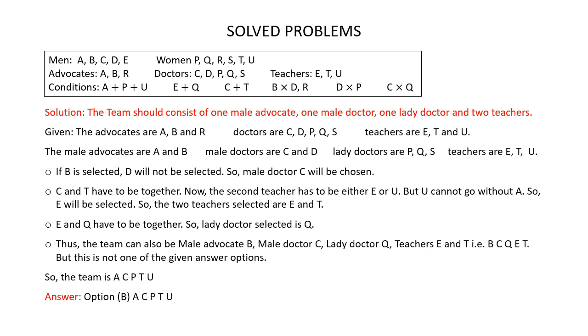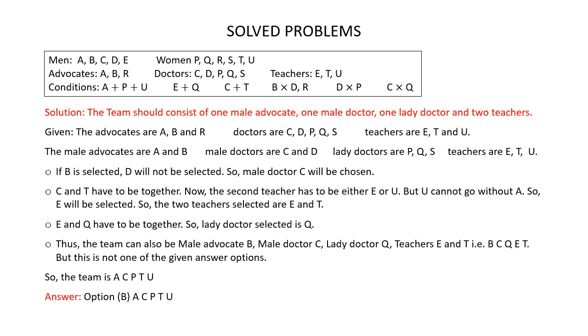So the other teacher has to be selected from either E or U. Now according to the condition, we know that A, P and U have to go together. Now since A has not been selected, clearly U also cannot be selected. So the teacher selected has to be E. So the 2 teachers selected are E and T.